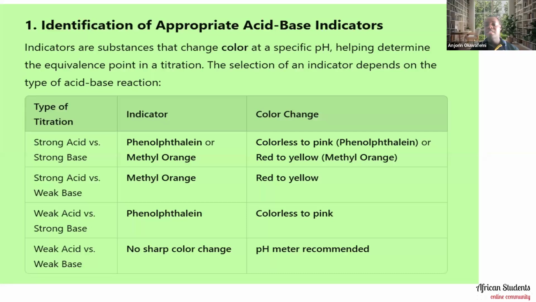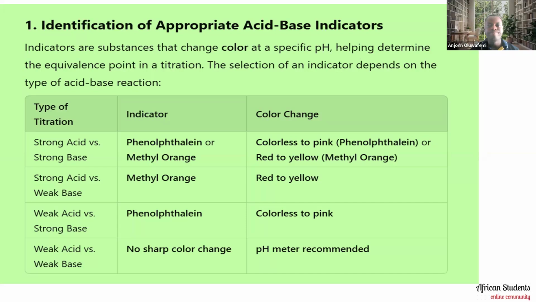Then we have the weak acid versus the weak base. For this titration, we may not be able to get a suitable indicator, but the pH meter is very highly recommended and is the most appropriate to be used when we are titrating a weak acid and a weak base.